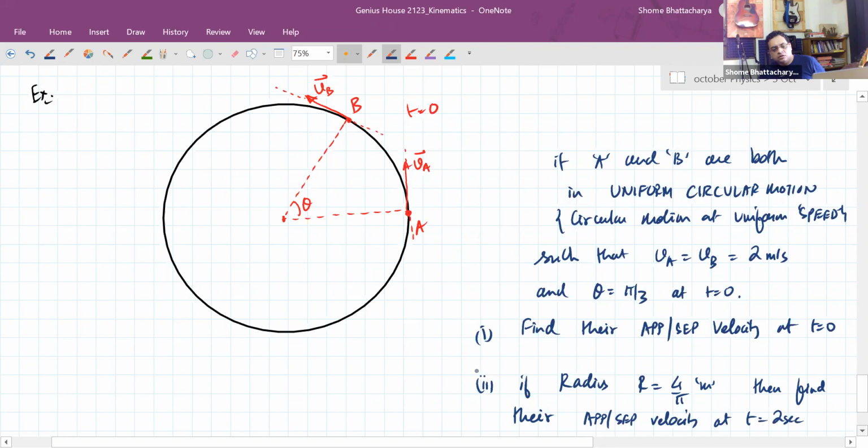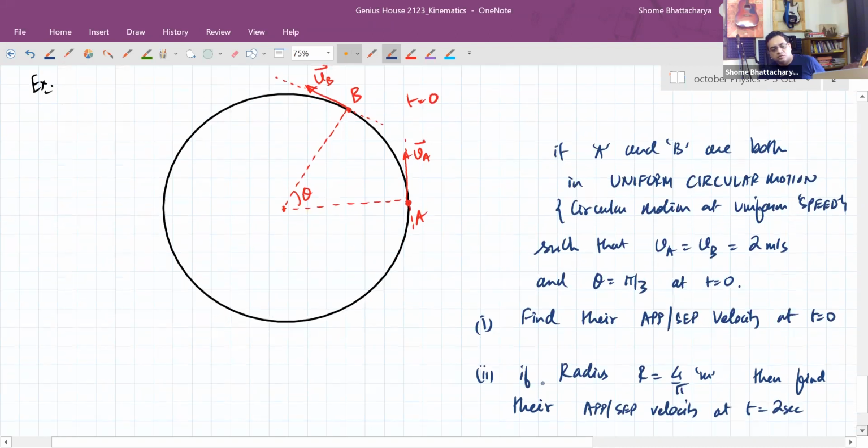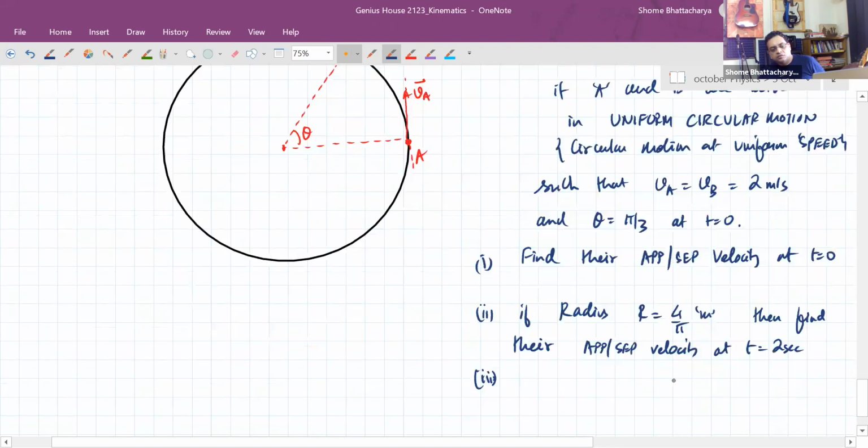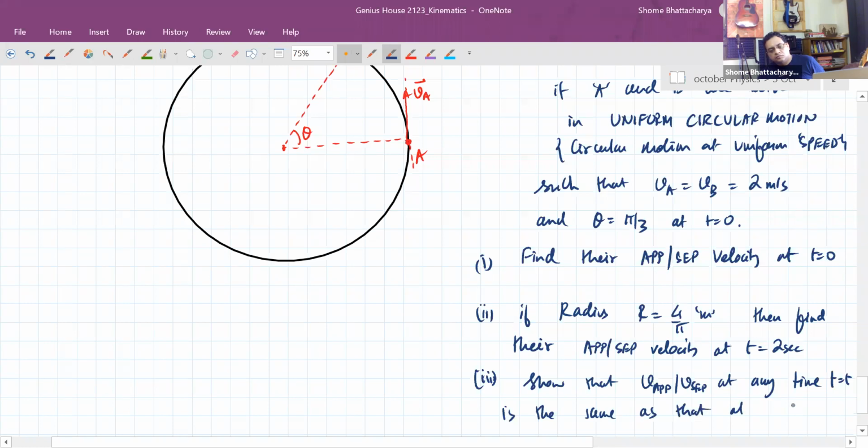Okay, and finally show that it is equal to 0. Okay.